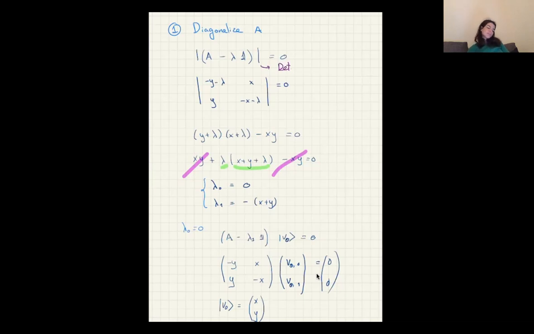Okay, good. Let's do it for the other eigenvalue. So we have lambda_1 equals minus (x plus y). Then we have this equation to solve: A minus lambda_1 identity, times v_1, should be 0. This is almost like an extra tutorial.